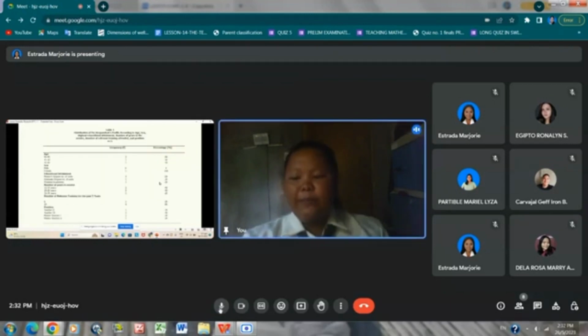Now let's go to Table 1. As shown in Table 1, the age bracket of the female respondents from 41 to 45 comprised 3 teachers. For 46 to 50 years old, there was 1 teacher participant, and 1 teacher participant is in the bracket of 56 to 60.